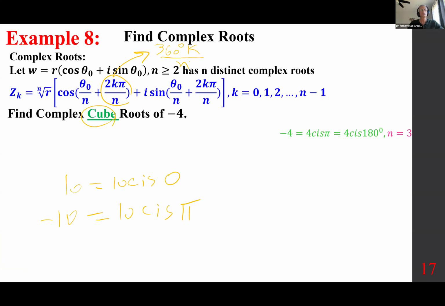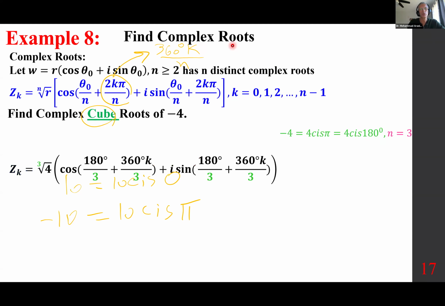So 4 cis 180, and we want to get the cube root. So z sub k is the cube root of 4, cis 180 divided by 3 plus 360k divided by 3. So this is how we write that.